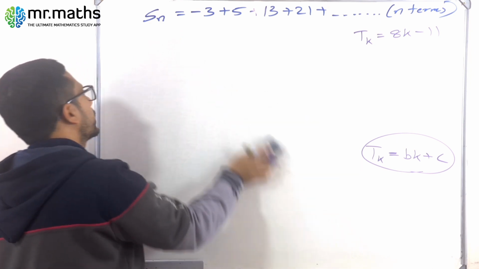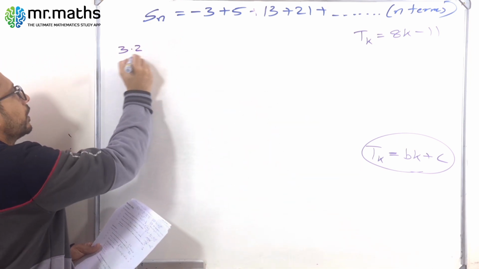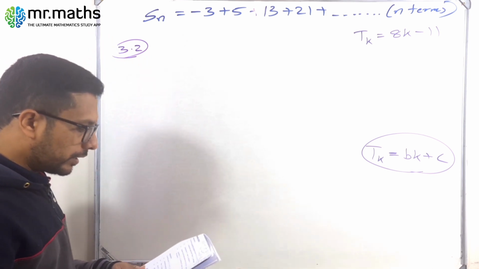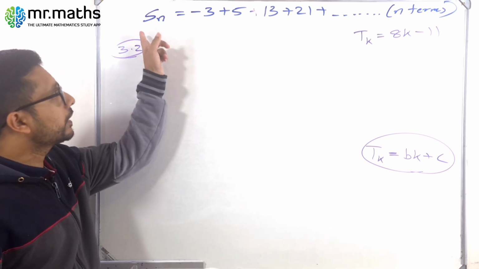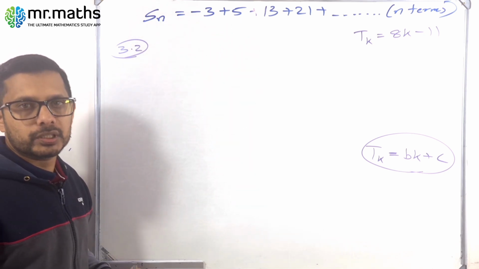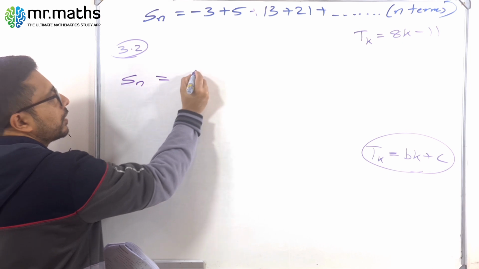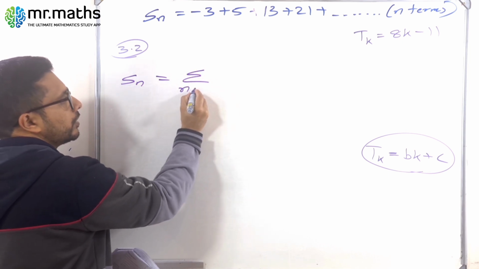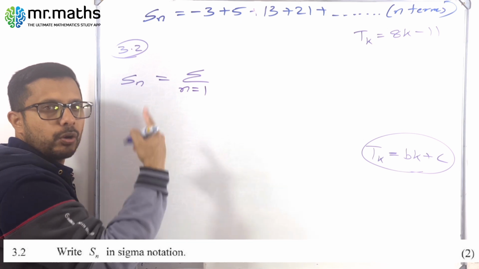Now let's move to the next question, question number 3.2. What is that question? Write Sn in sigma notation. So Sn is equal to sigma, n is equal to 1, the first term, to how many terms?